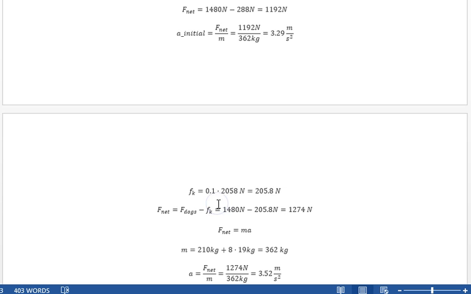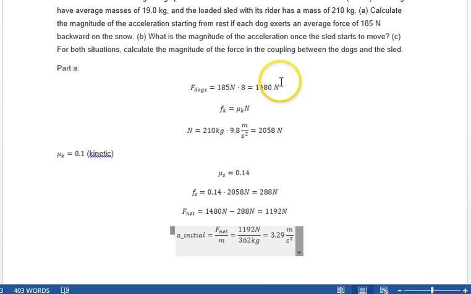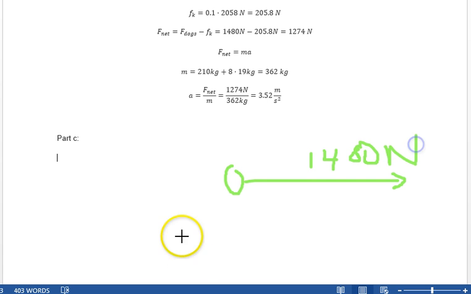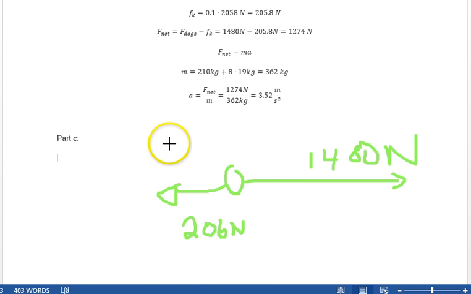The dogs are pulling how much? 1480 newtons on the coupling. And then in one case you've got friction pulling this way for 205.8, or 206 newtons, once you're going. Before you're going, that number was 288 newtons, right?